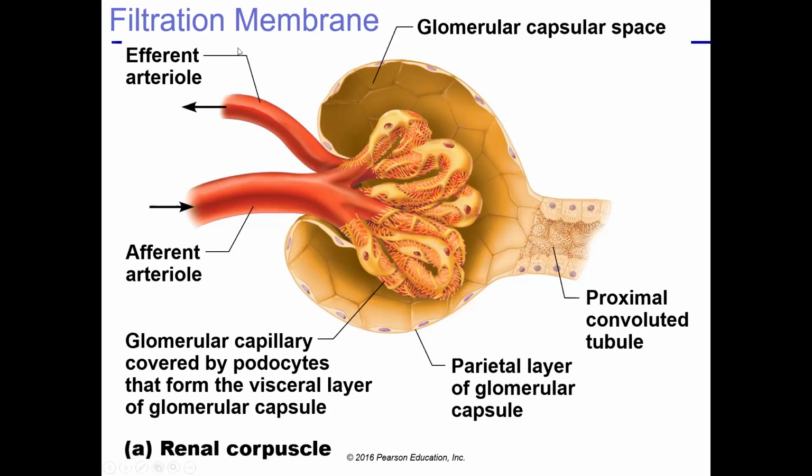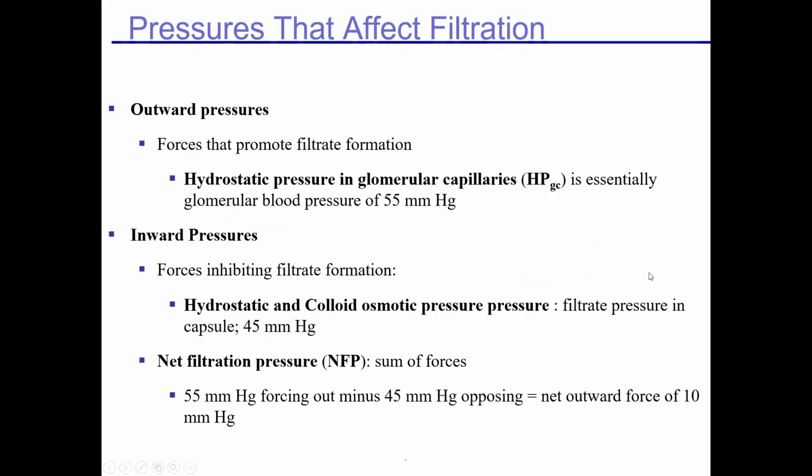So once we get our filtrate into the proximal tubule, we immediately start recovering. Now we know that the pressure is somewhere between 50 to 60 millimeters of mercury in the glomerulus, but there is a back pressure from the proximal tubule and from Bowman's capsule.